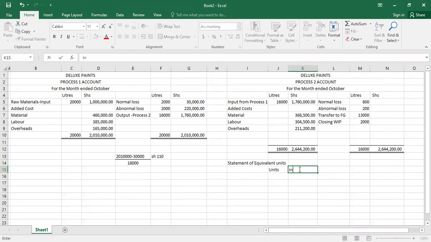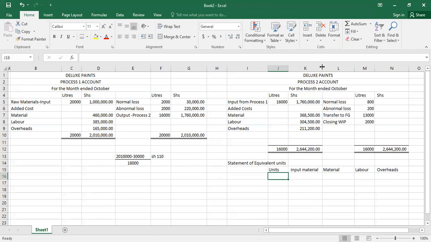We have the input materials, and then from there we've been given some ratios, isn't it? For the material, labor, and overhead. Let us start with the abnormal loss.